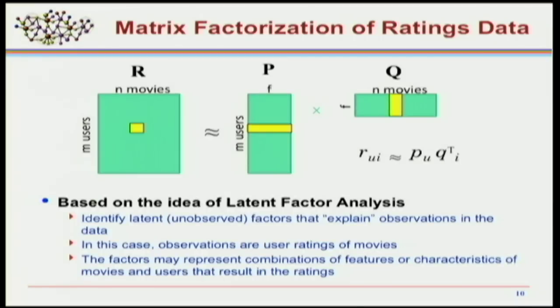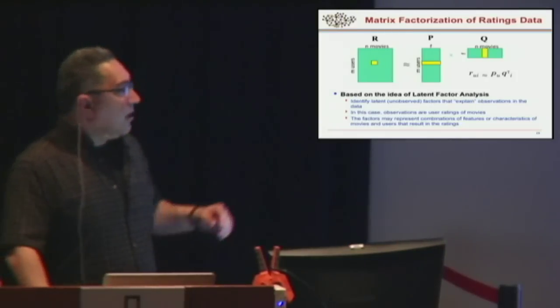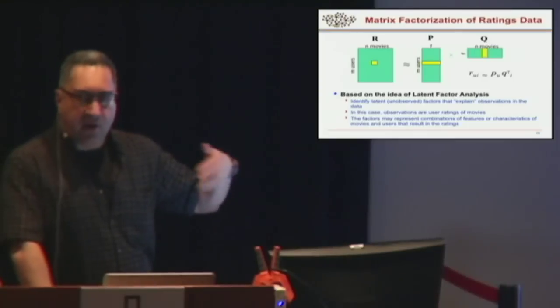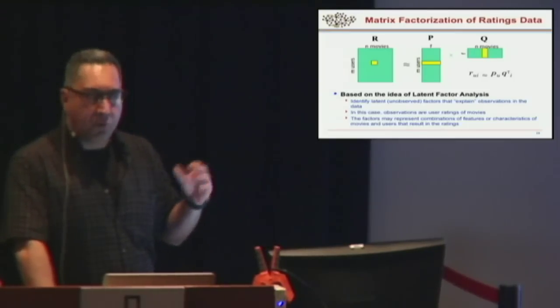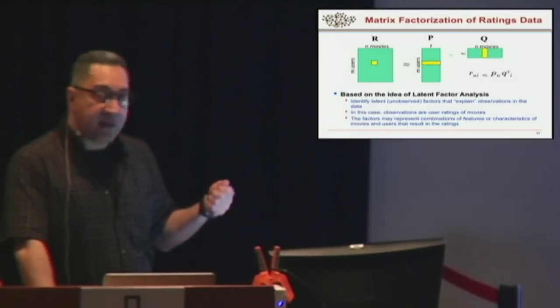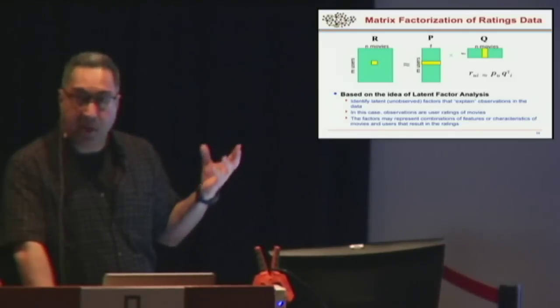So F, that you see over there in the columns for P and the rows for Q, is our reduced number of features. It's kind of like singular value decomposition, where you reduce the original representation to a lower dimensional representation. These features are latent, so they're not exactly like a specific genre or a specific characteristic of a movie or a user, but collectively they might represent certain combinations of characteristics that make sense for this particular data.